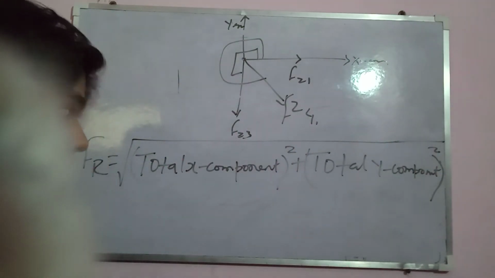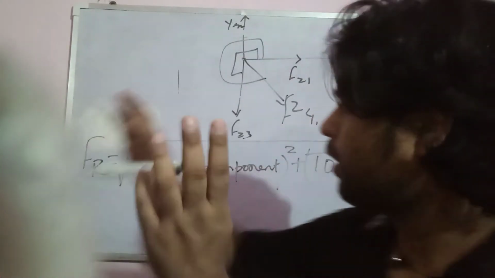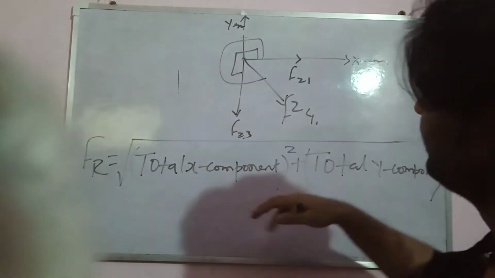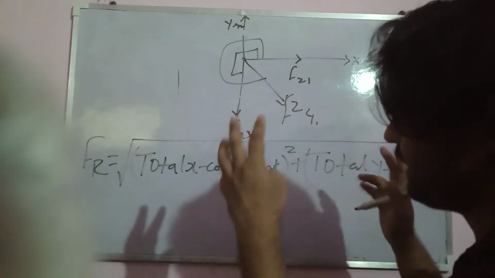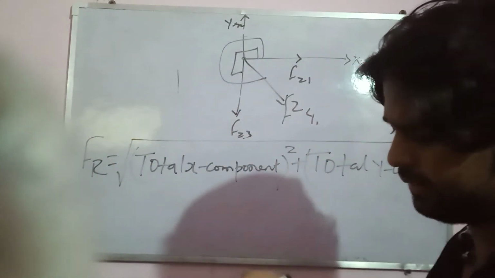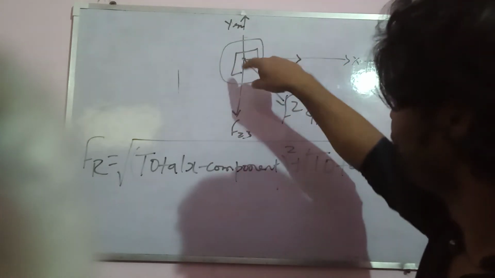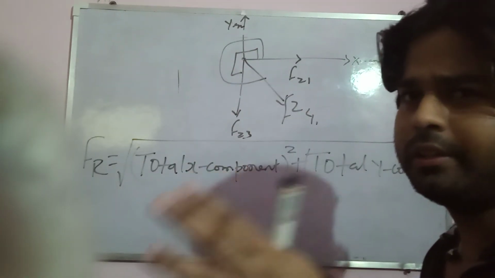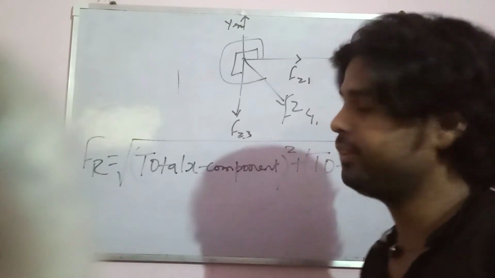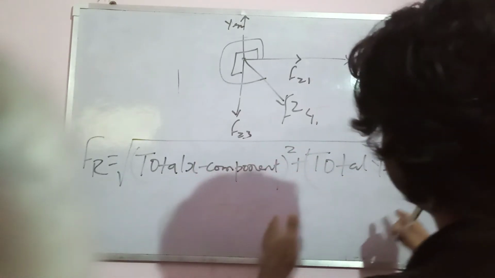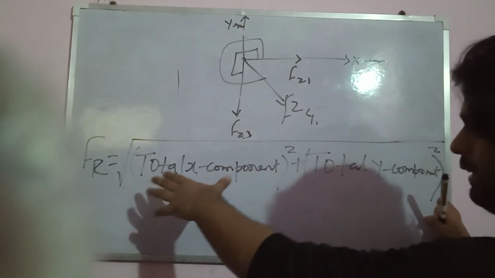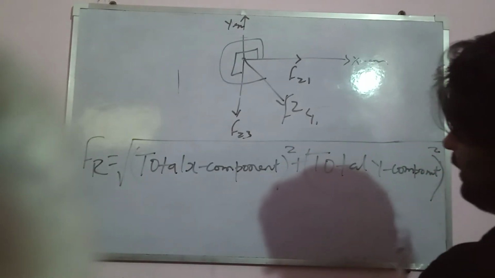This gives us the resultant, and this process is called the component method of vector addition. By this process we can add hundreds of vectors at any point or any given location, by finding the x component and y component of each vector, finding the total x component and total y component, and then finding the resultant by this.